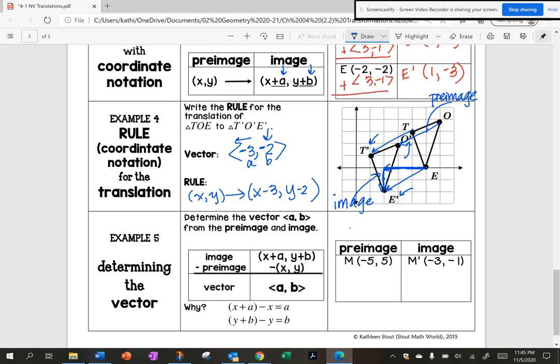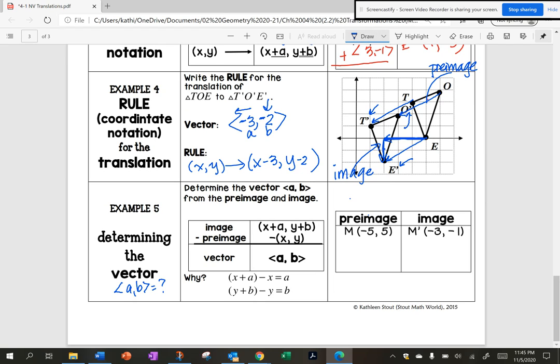Okay, my last example is I want to determine what the vector is, when I give you the pre-image and the image as coordinates. So to do that, what we're going to do is take the image and figure out what the vector is.